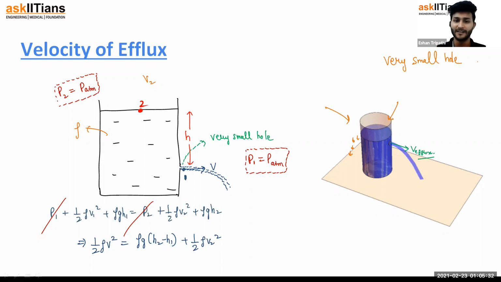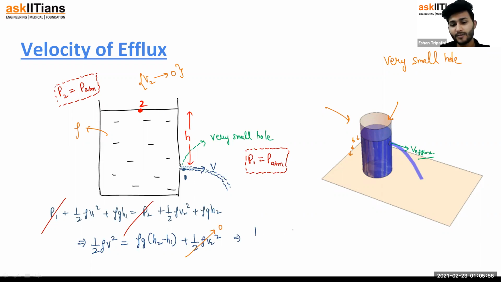Like liquid is coming out at a rate, but a very small amount. So that won't affect the height of the container a lot. In fact, the liquid will be coming down, but very slowly. V2 will be tending to 0. That's the approximation we are using.